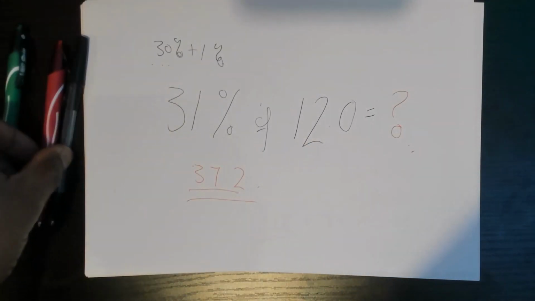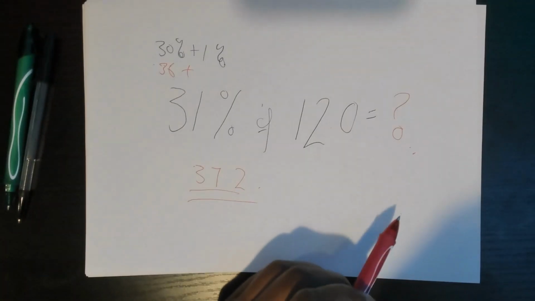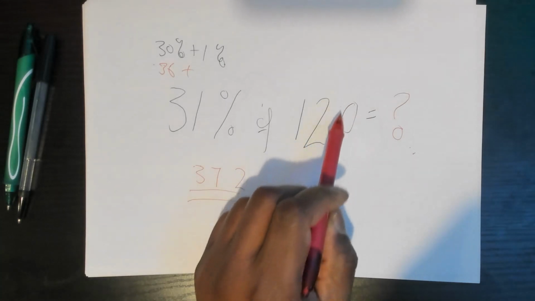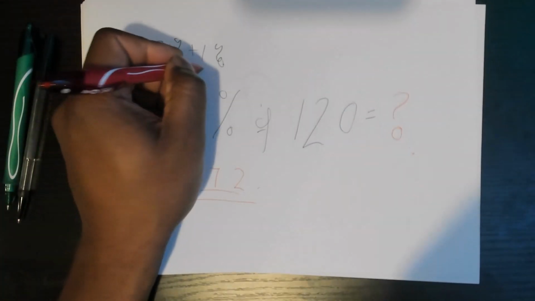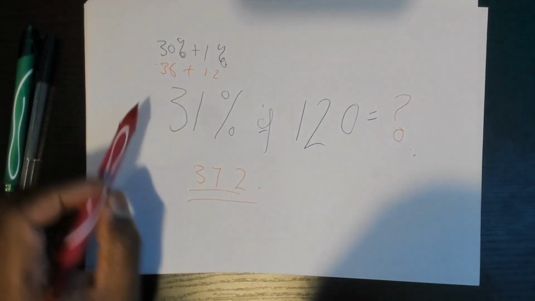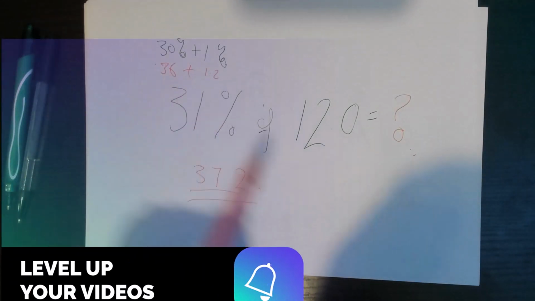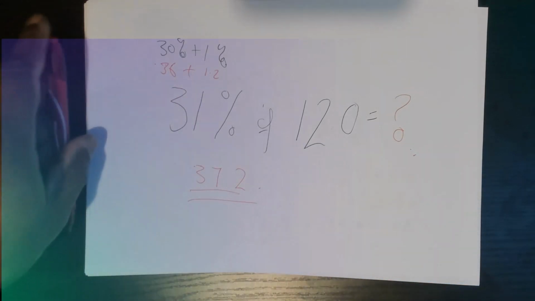Yeah? And then to get 1%, as we did before, we move the decimal place 2 spots to the left, which gives us 1.2, which means 31% must be equal to 36 plus 1.2, which is 37.2.